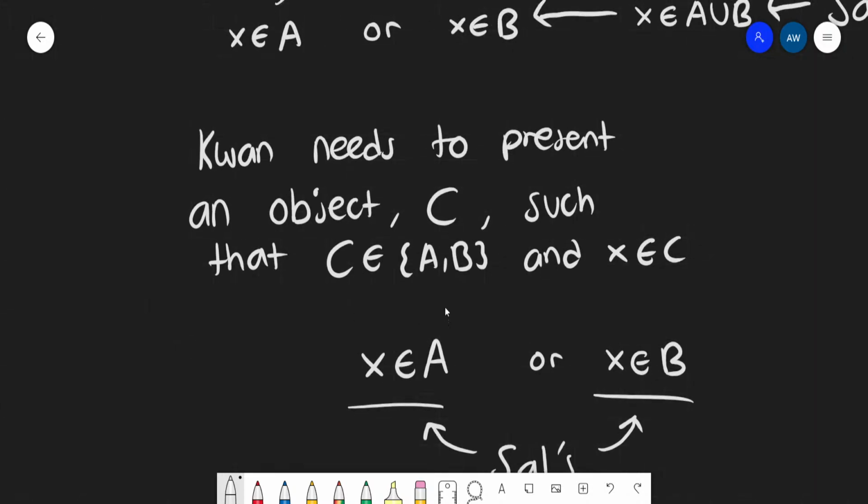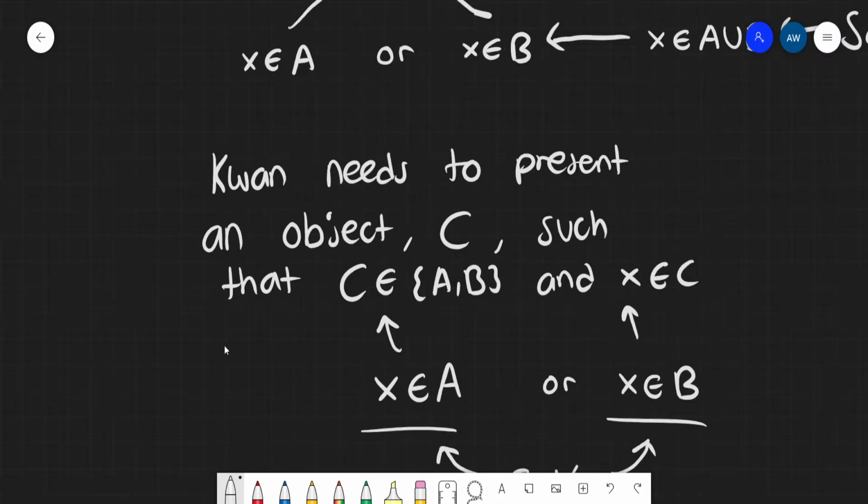And depending on Sal's choice, Quan needs to play this game, based on the different conditions that are preset by Sal. And he needs to win because we need 100% win rate. So we need to consider all cases.